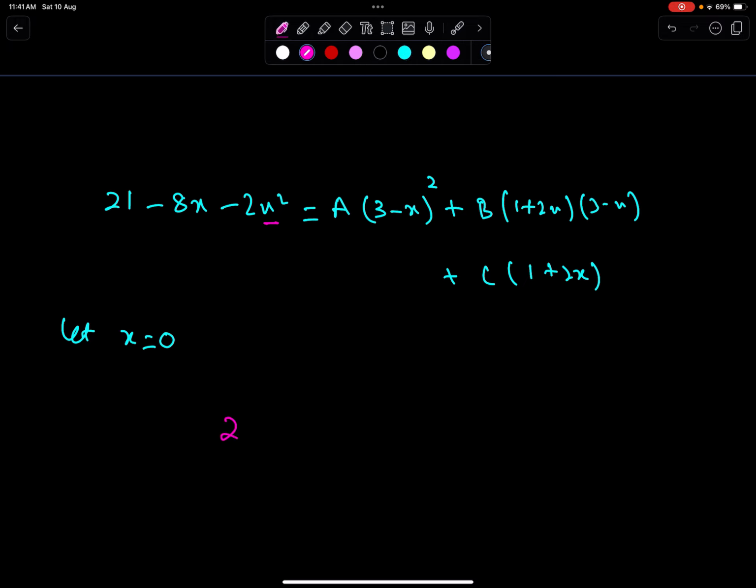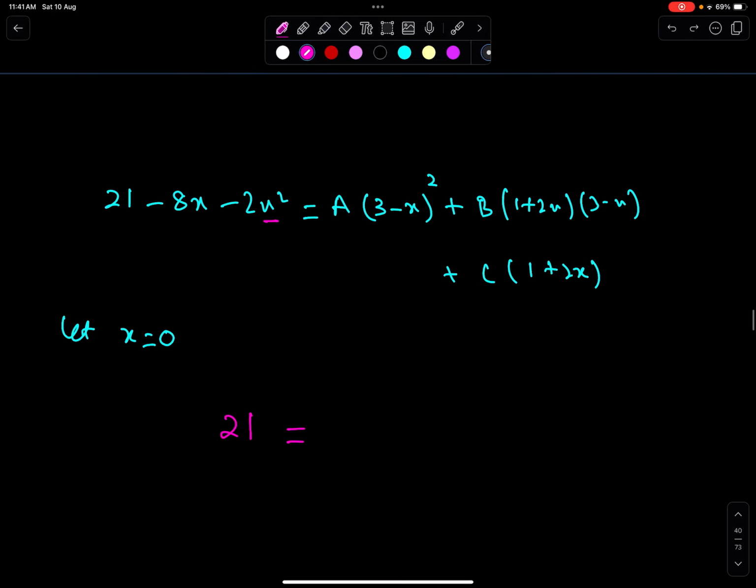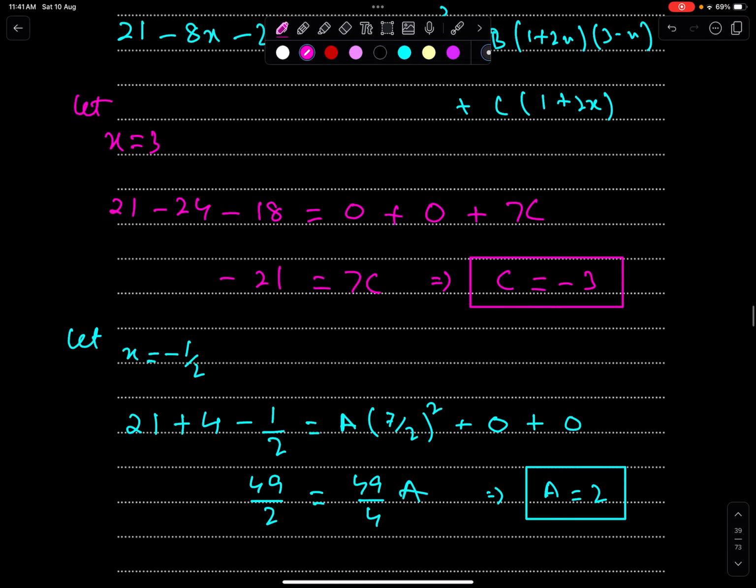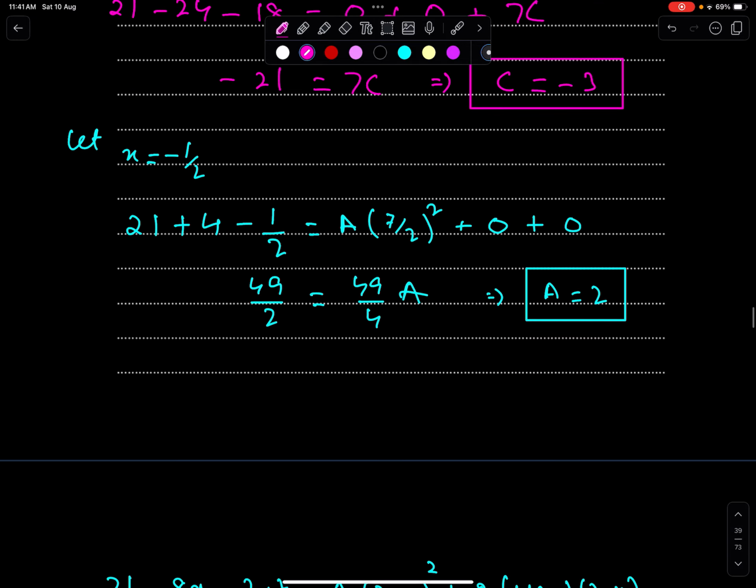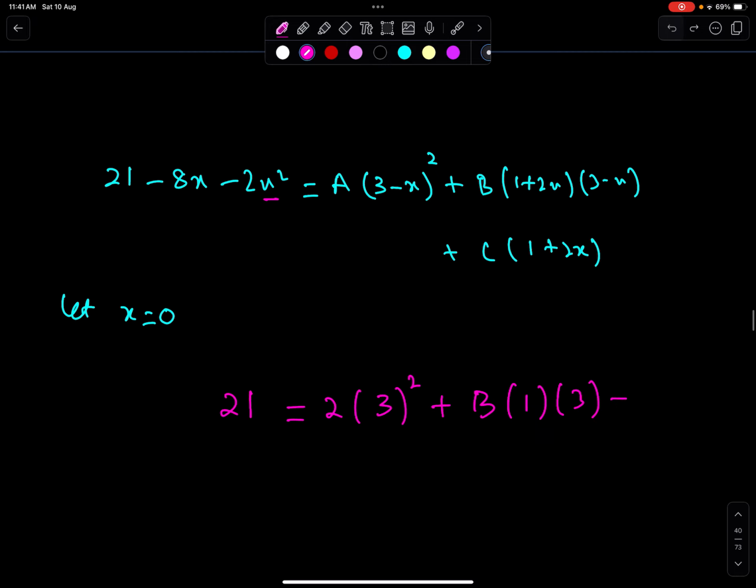So we will have only 21 on the left side, and A is, let me check, A is 2, times 3 square, B times 1 times 3, and C was minus 3 times 1.